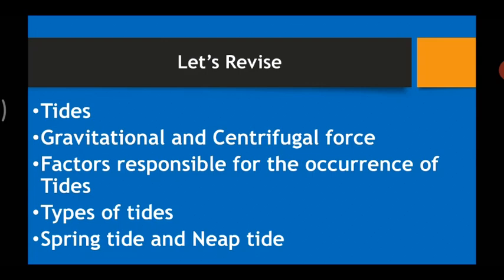And neap tides, we learned, happen mainly on the first and the third quarter of each month. The forces of both the sun and the moon operate at right angles on the earth, leading to neap tides. Neap tides are a little lower than the average high tides and a little higher than the average low tides.